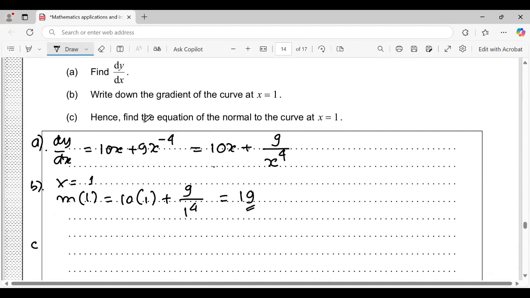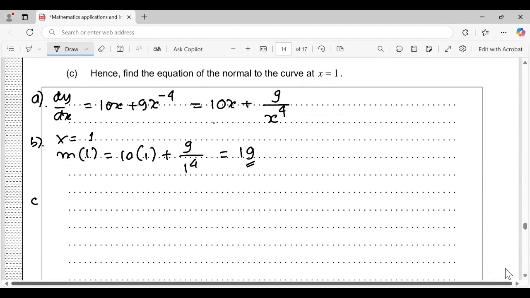C, find the equation of the normal to the curve at x equals 1. So we need to find the gradient of the normal. The gradient of the normal times m equals minus 1.